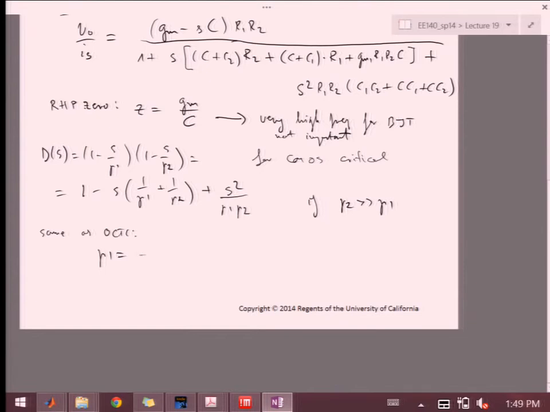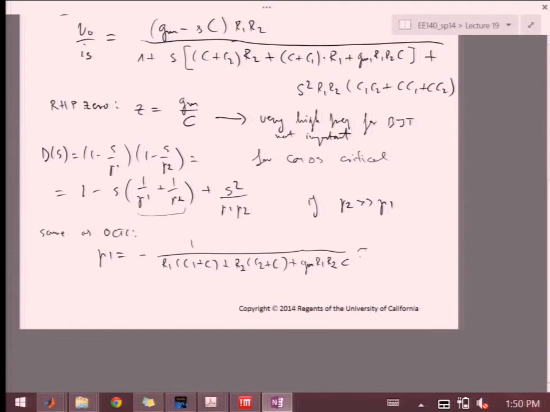And this will be minus 1 over R1 (C1 plus C) plus R2 (C2 plus C) plus gm R1 R2 C. So what we've done is take the whole thing and call it pole 1, simply because that is the sum of reciprocals, and if P2 is super big with respect to P1, then this is mostly just 1 over P1, right?